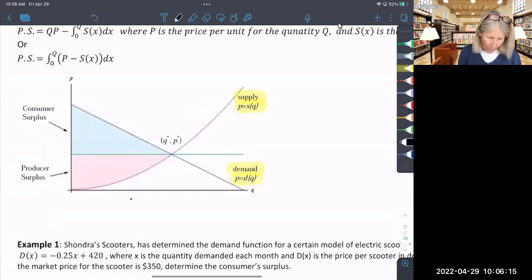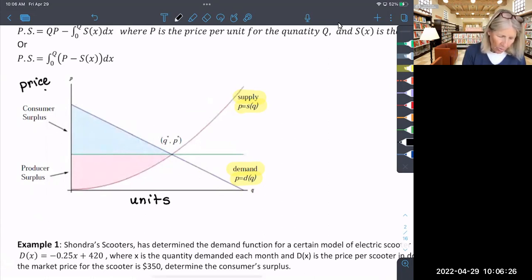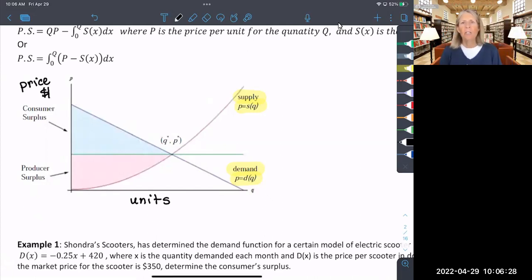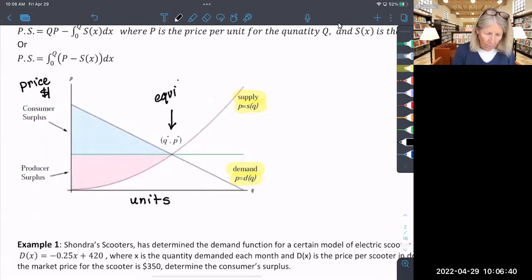Across the bottom, these would represent units or quantity. And along the y-axis represents price, so money. Your supply function is always in terms of price in terms of units, and same with the demand. And then the point where they intersect, which I labeled Q, P, this would be your equilibrium point.